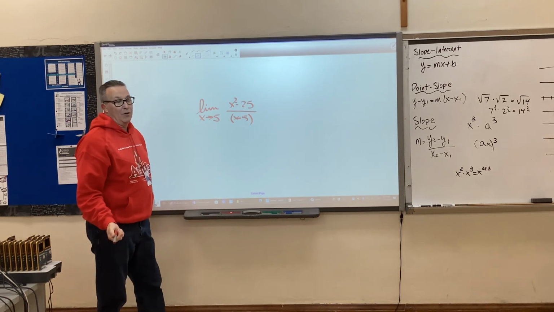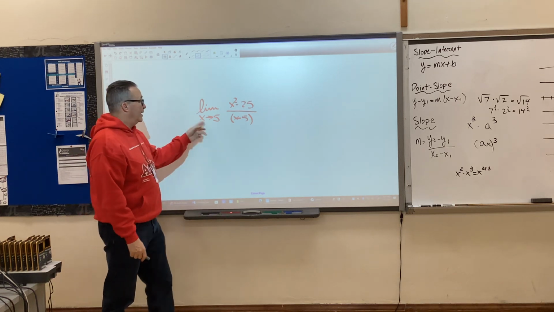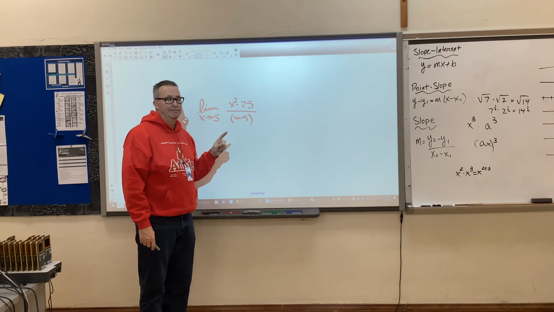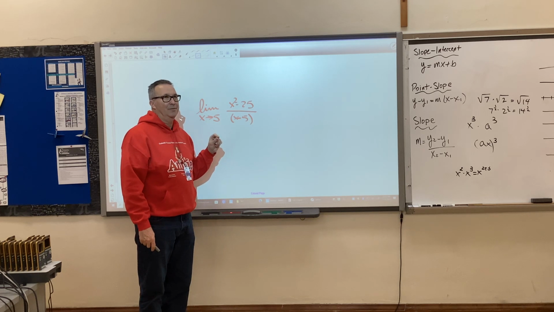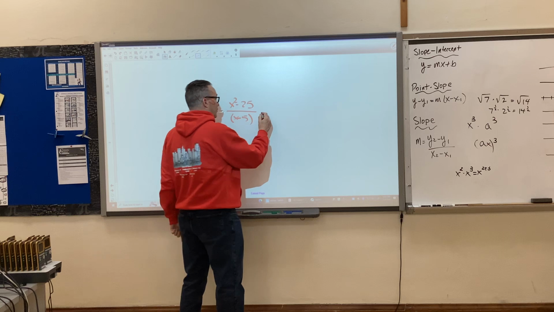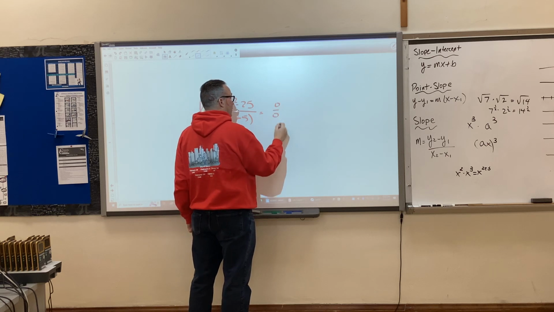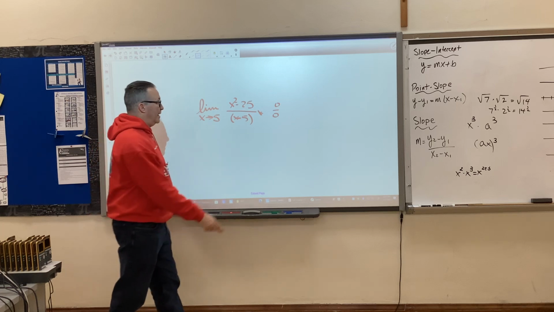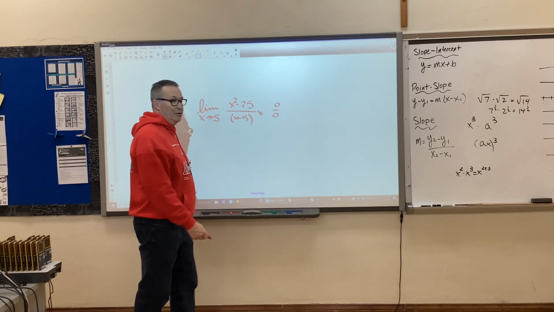The requirement for L'Hopital's rule is when you plug in 5, you need to get 0 over 0, or infinity over infinity. If you get 0 over 0, which is not a number, you can use L'Hopital's rule.